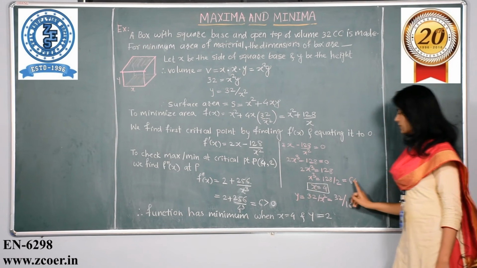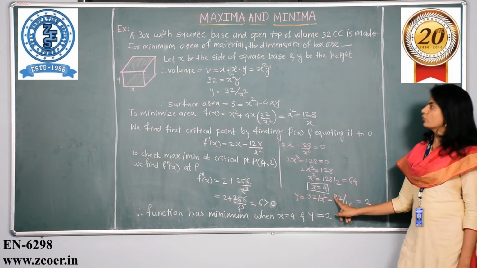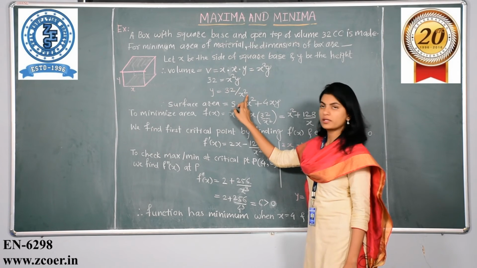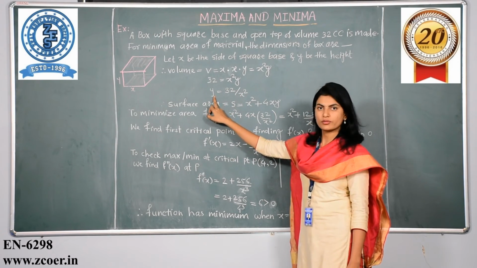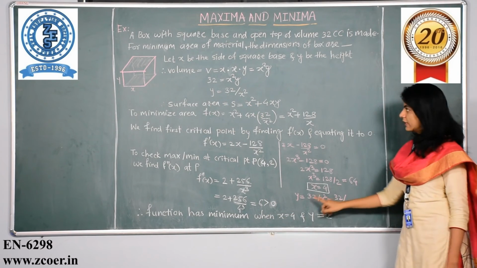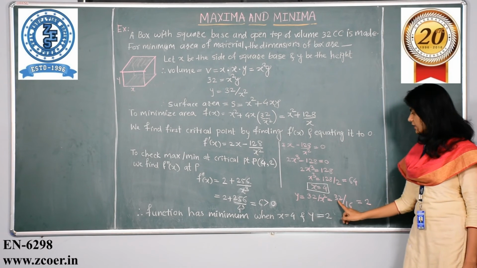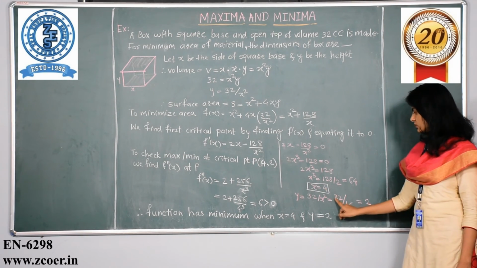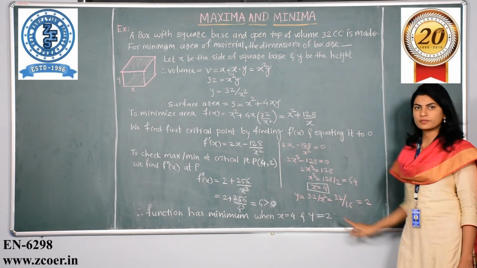So x cube is equal to 64, therefore the value of x becomes 4. We have one equation for y, which is y equal to 32 by x square. Here we can put the value of x and we will get the value of y. So y is equal to 32 divided by x square, that is 32 divided by 4 square. 4 square is 16. So 32 by 16 becomes 2. So the value of y is 2.